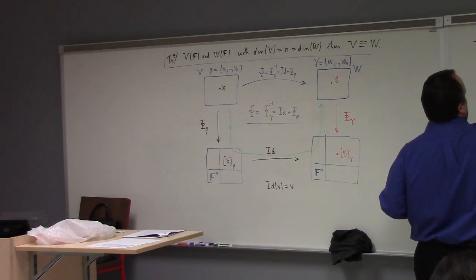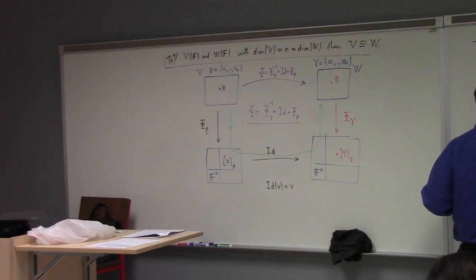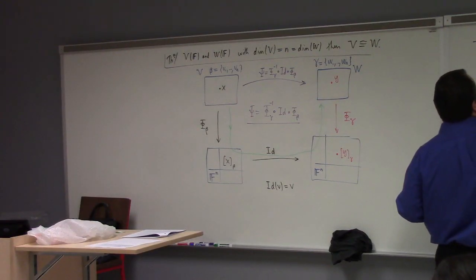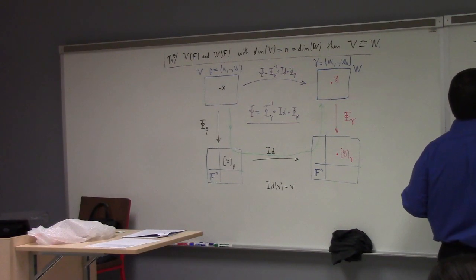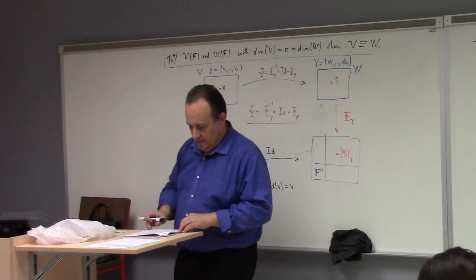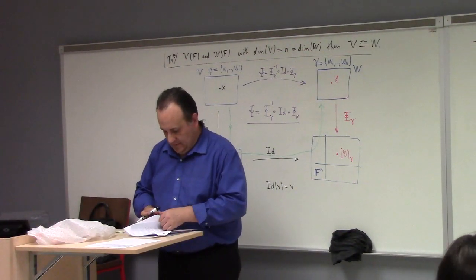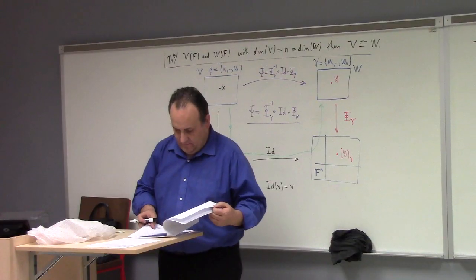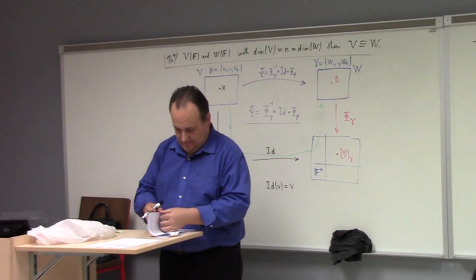Given T, a linear map from V to W such that beta is a basis for V and gamma is a basis for W, both finite dimensional, then we can define the matrix of a linear transformation as follows.